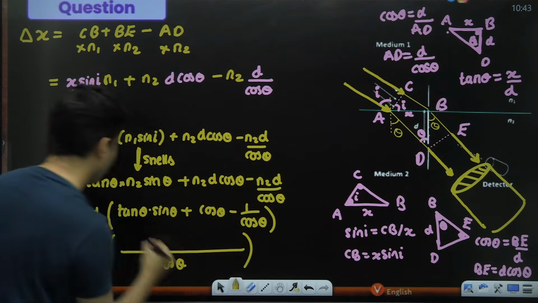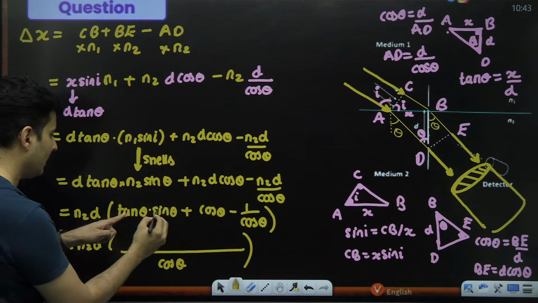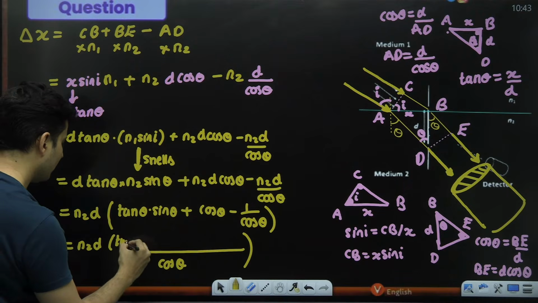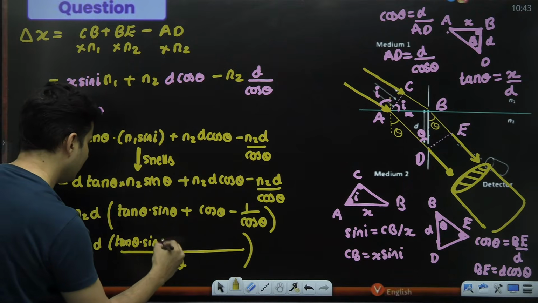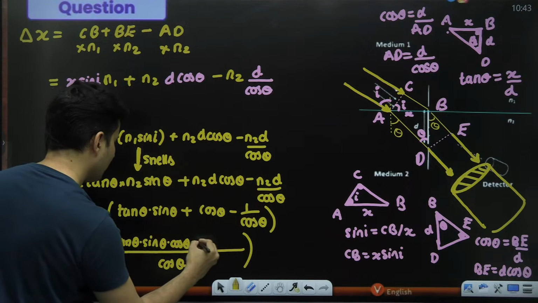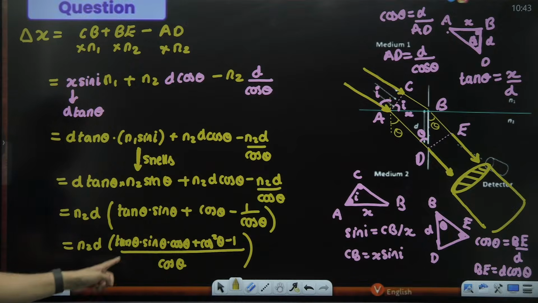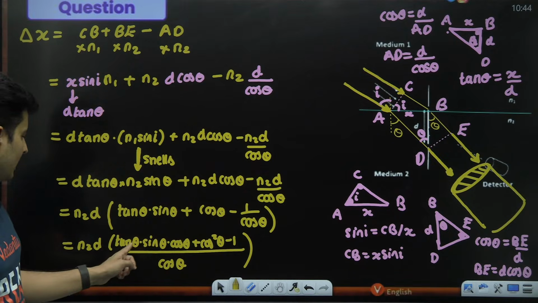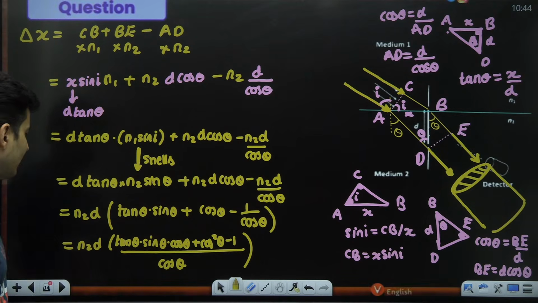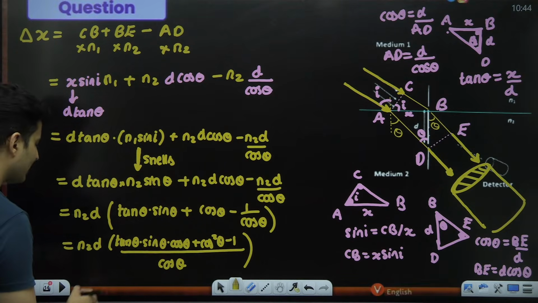So tan theta into sine theta into cos theta plus cos square theta minus 1. Now, tan is sine by cos, cos will cancel, so the first term will become nothing but sine square theta.